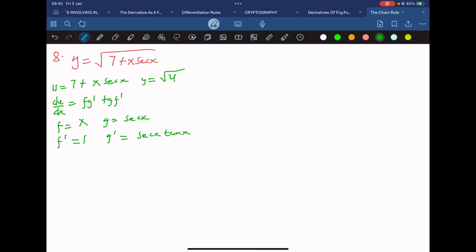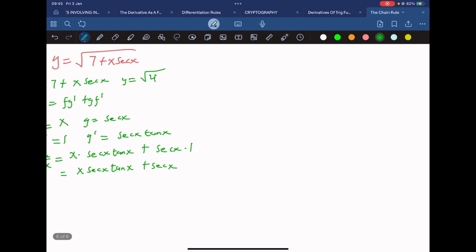So your du/dx is basically your f, which is x, multiplying g prime, which is secant of x tangent of x, plus your g, which is sec of x, times your f prime, which is just 1. So this simplifies to x secant of x tangent of x plus secant of x.